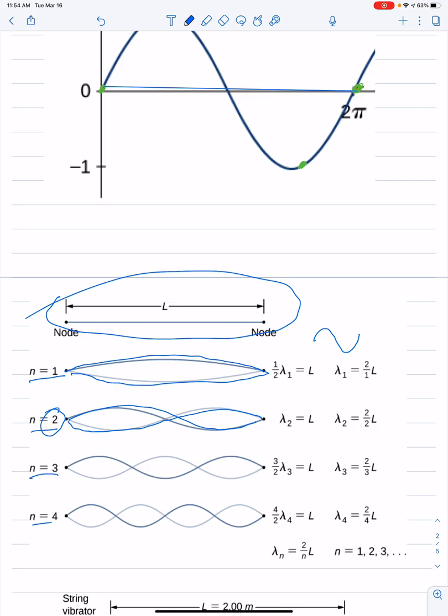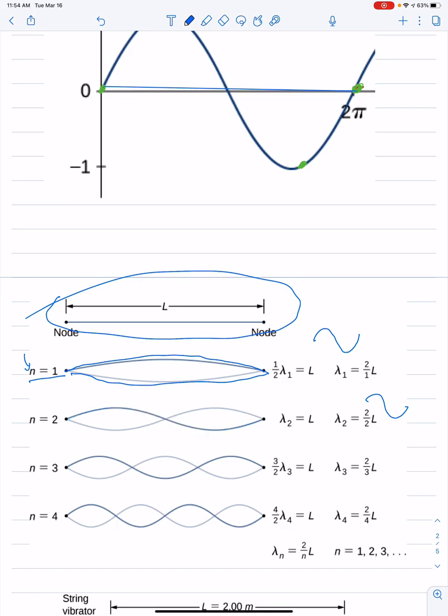I confused myself yesterday too. They're just considered modes, or in this situation the first harmonic, the second harmonic, the third harmonic, and finally the fourth harmonic. Okay? So every time that we complete a full wavelength, we account for the mode.